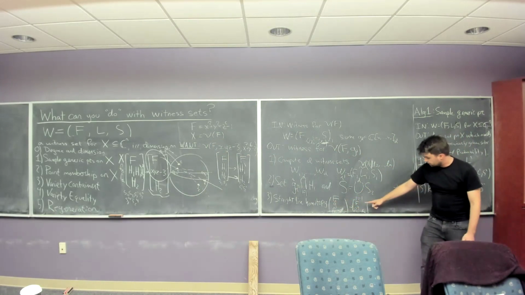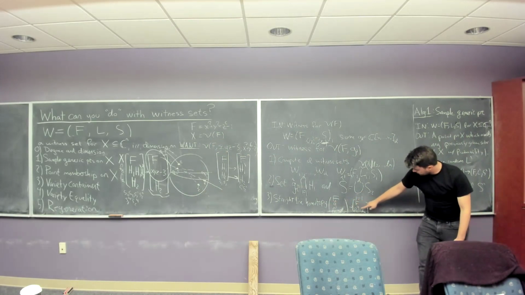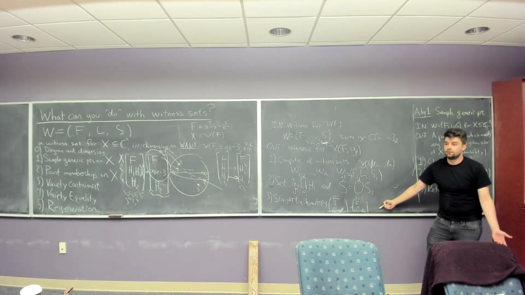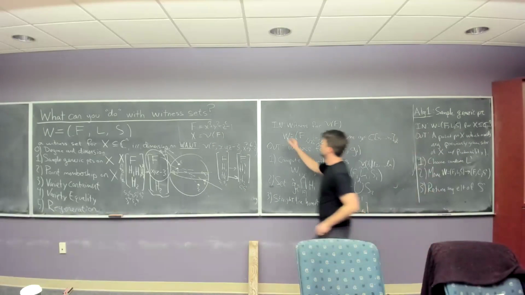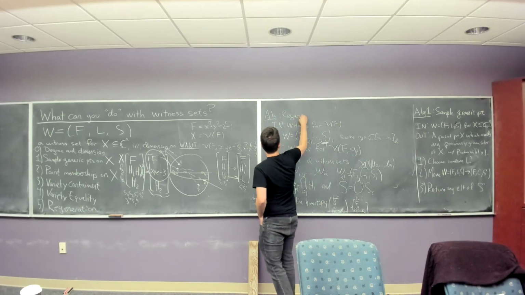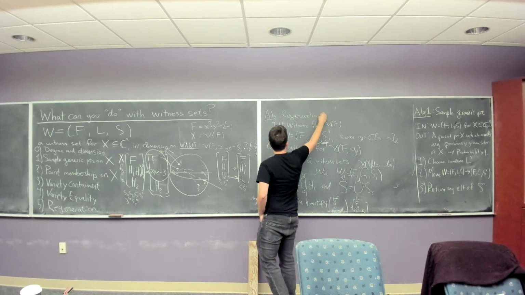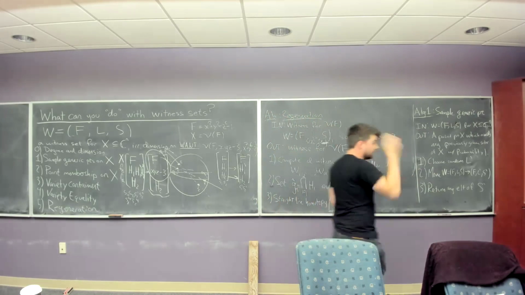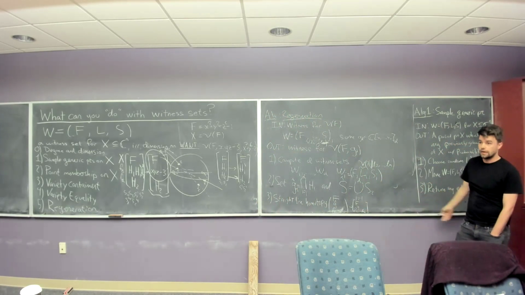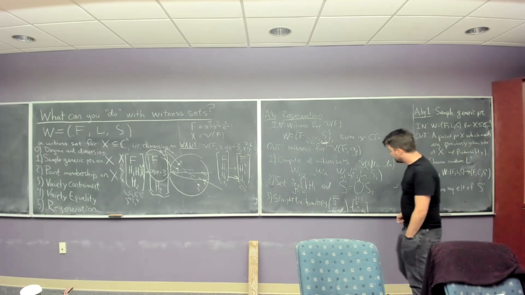What you will end up with is the variety defined by F and G, and a bunch of generic linear forms. So that's a witness set for the variety cut out by F and G. And this whole process is called regeneration. And there are some issues. Okay, so as written, this is incorrect. Why?